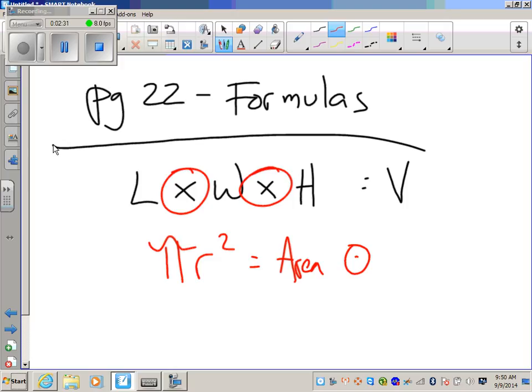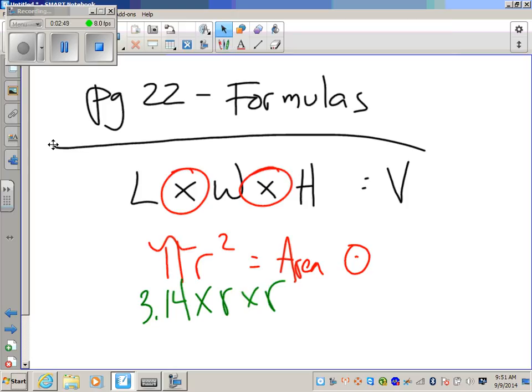Okay? Now, we didn't often write it like that. We wrote it a different way, but it meant the same thing. Remember? Pi was 3.14. And how did I write r squared? R times r. Okay? What we did with that formula is we put it into a language that was a little bit easier to understand, which is okay as well.